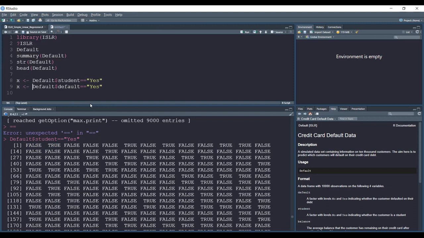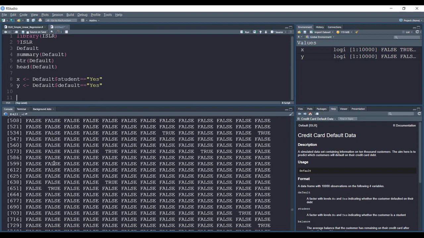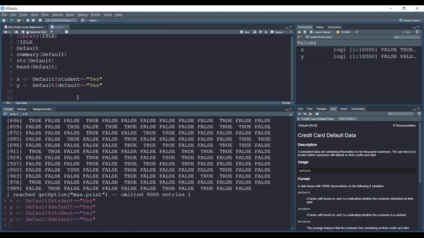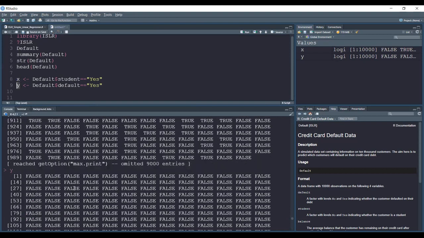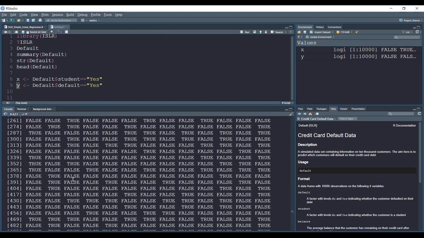What you could do, and again, definitely not a very elegant way of doing it, is when you have these two vectors, you can sort of multiply them. That's kind of the AND. So for example, X and Y. What I'm doing over here is saying the second observation is a student, true.